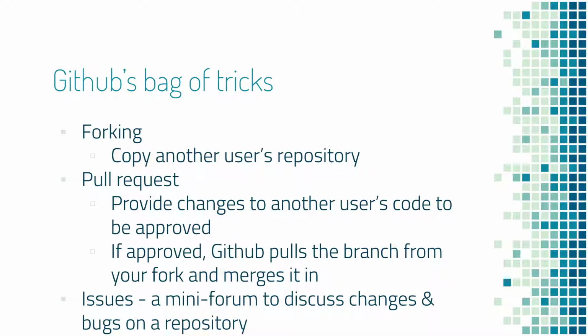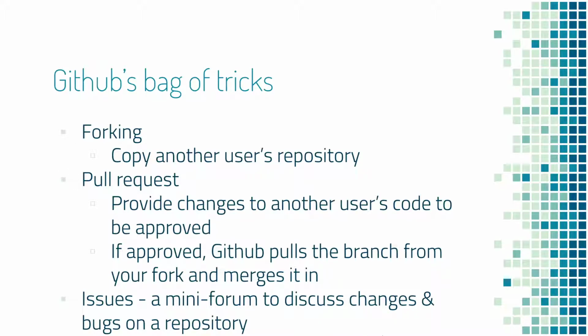A pull request takes your branch from your version and merges it into the original repository. So forking and pull request, very related.